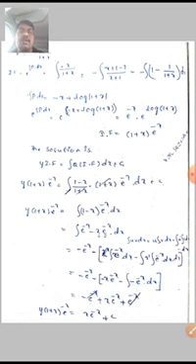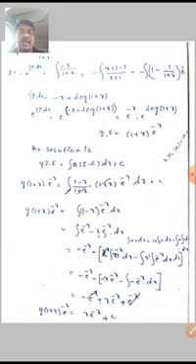Now the solution is y into integrating factor is equal to integral of Q of x into integrating factor dx plus c. Y into 1 plus x e power minus x is equal to integral of 1 minus x by 1 plus x, 1 plus x e power minus x dx plus c. Here 1 plus x cancels. So y into 1 plus x e power minus x is the integration of 1 minus x e power minus x dx.